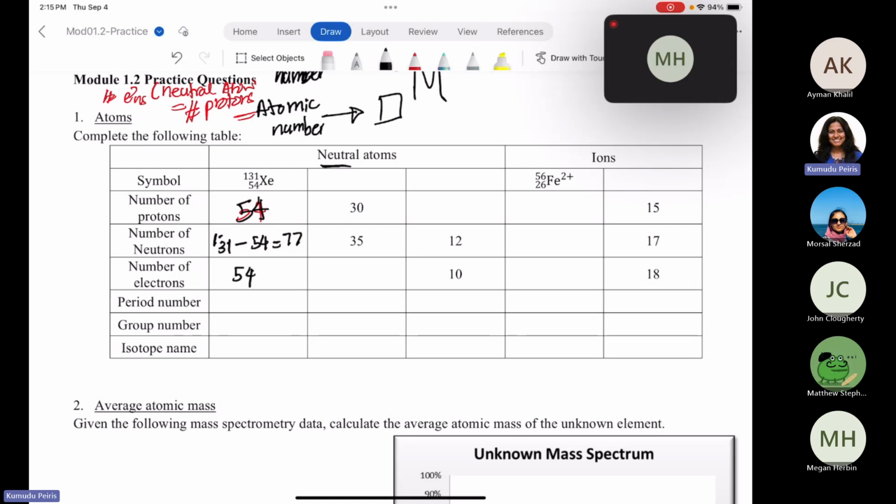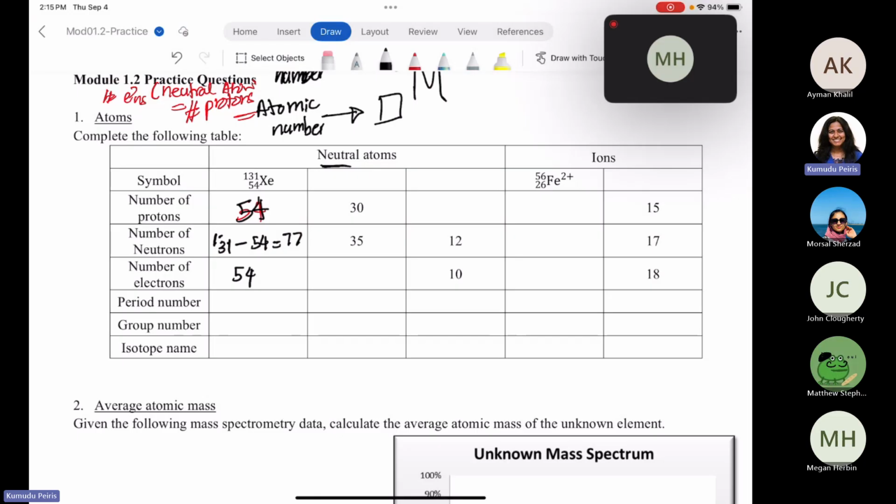The period number. Do you memorize that? No. You will be given a copy of the periodic table. So you should be able to locate this xenon, Xe, in the periodic table.